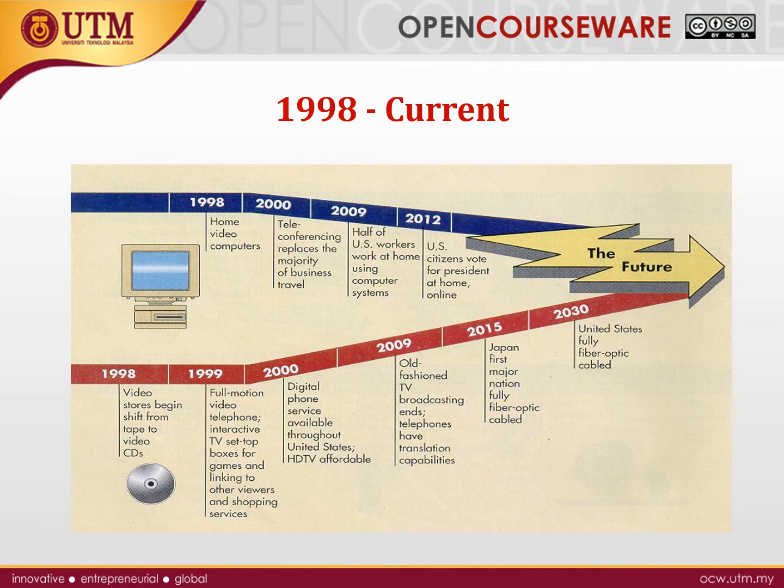And in 2015, Japan became the first major nation fully fiber optic cabled. And in 2030, the United States is going to be fully fiber optic cabled. And who knows what is coming in the future.